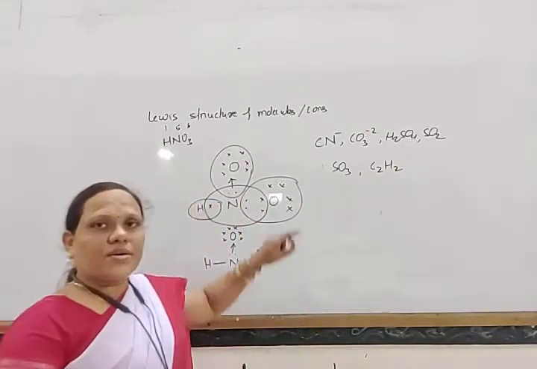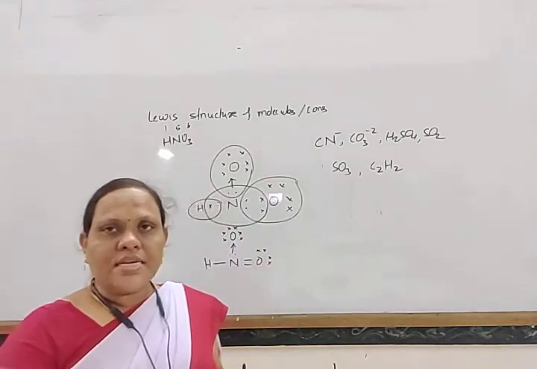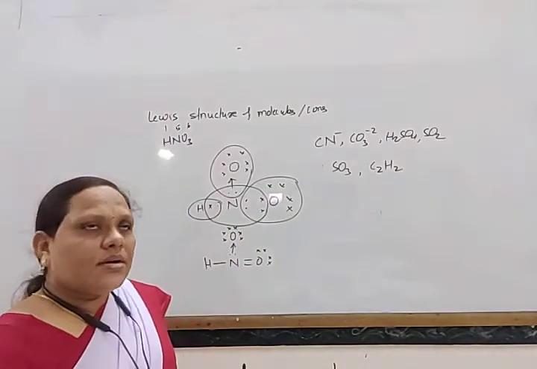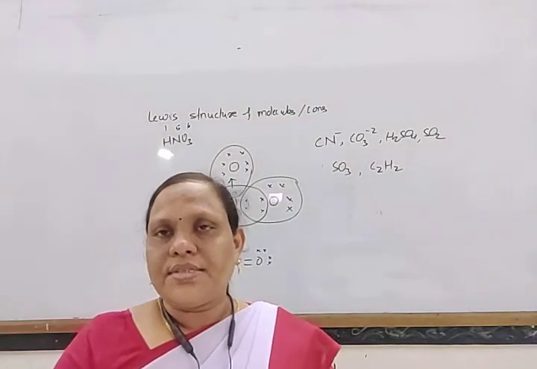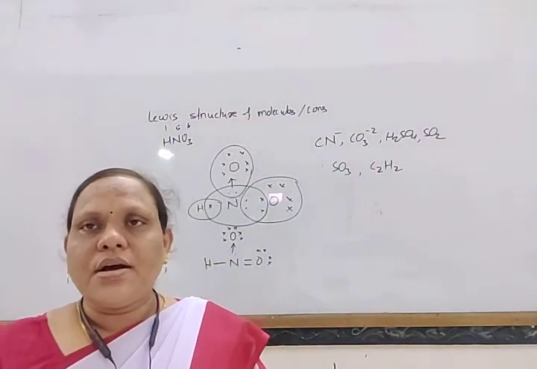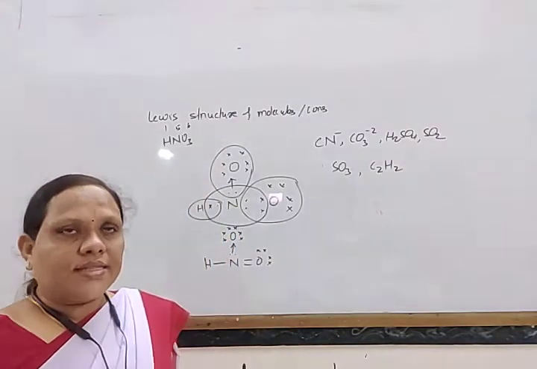So this is the homework for you. Write down the Lewis structures of the following species. After this Lewis structure, next we come to another concept, that is resonance. So what is resonance?